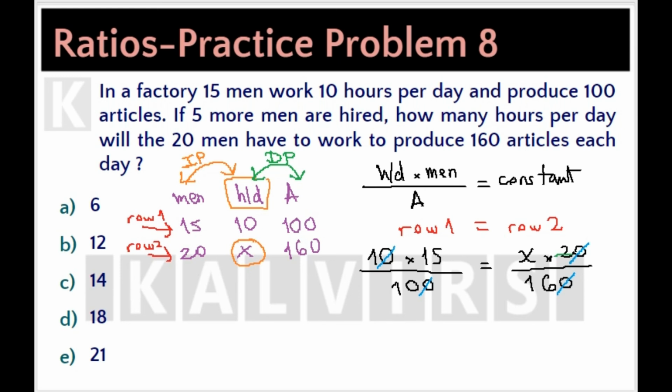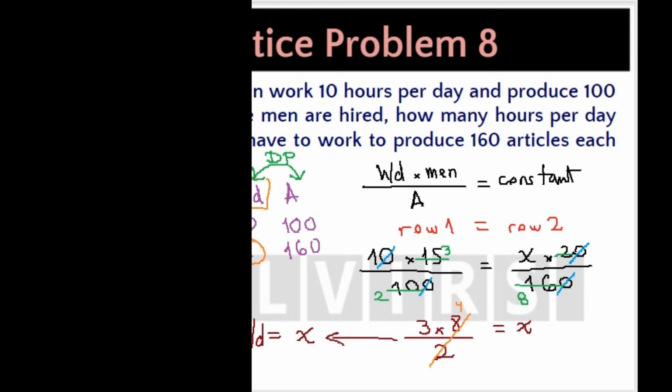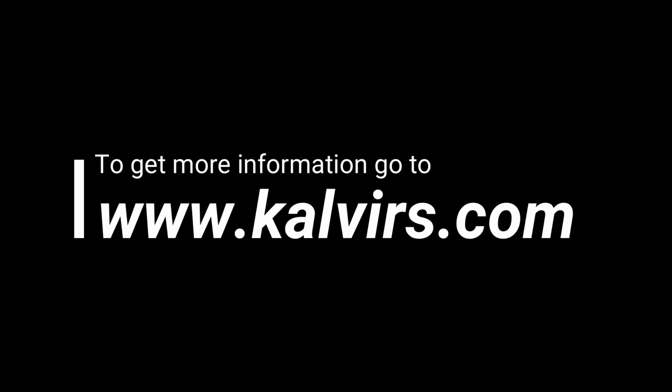Now 2 and 16, 8 is left. 15 and 10, 3 and 2 are left. Now solve for x. X equals 3 times 8 over 2. Finally, x equals 12. 12 hours per day. Choice B is correct.